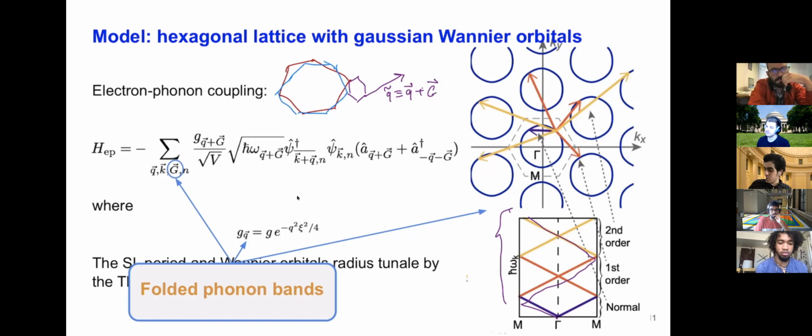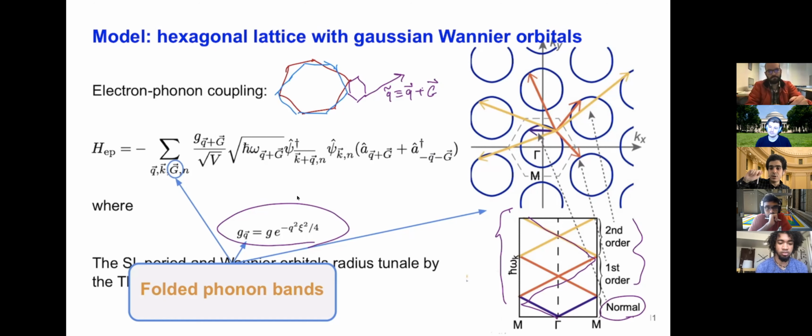And I will say that this comes from the normal phonon or Umklapp phonons, first order, second order Umklapp phonons. And from the coupling term here, you can see that what this coupling term does in general is it tunes the coupling for Umklapp phonons. So when I have a more localized one, the Umklapp phonons will couple stronger.